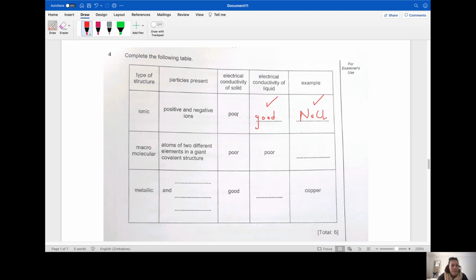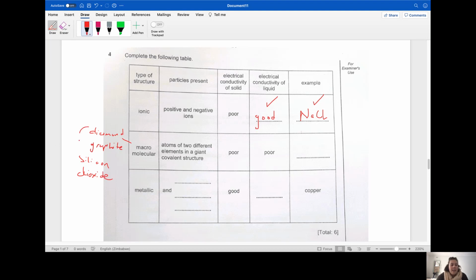Okay. Right, macromolecular or giant molecular. Straight away, you should think, I only know 3. I only know diamond, graphite, okay, and silicon dioxide. You only know 3 of them. That's not a lot to learn. So learn them. Okay?